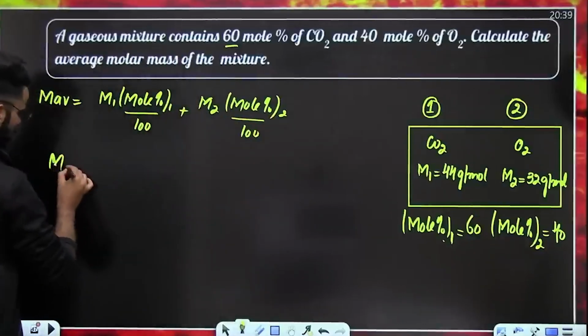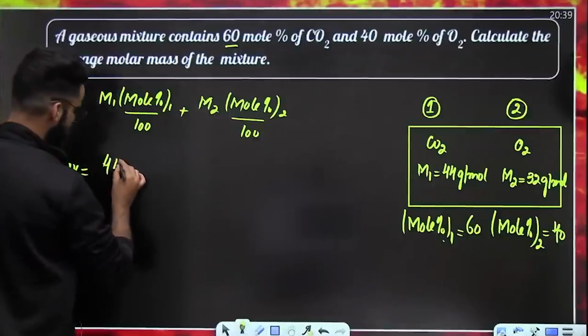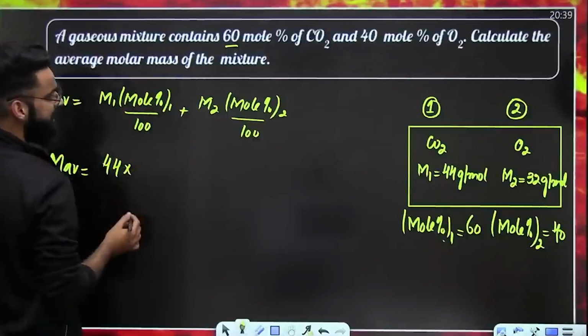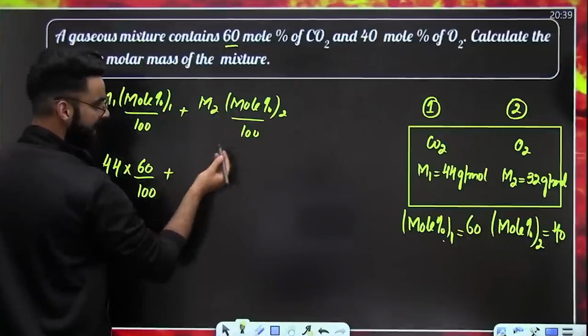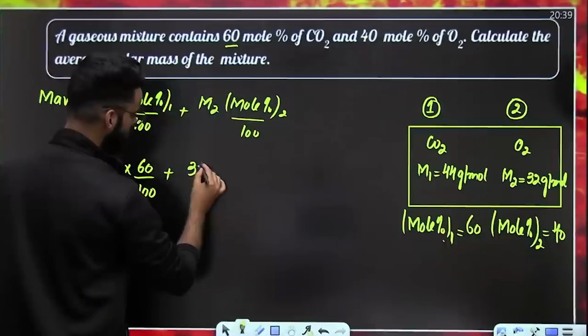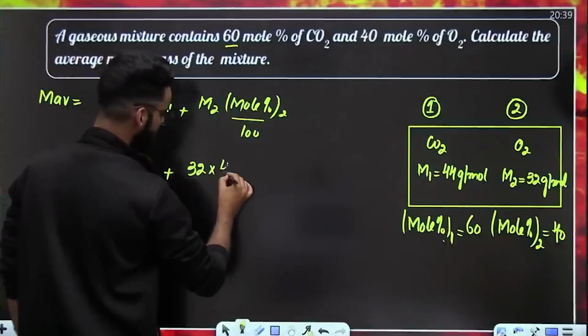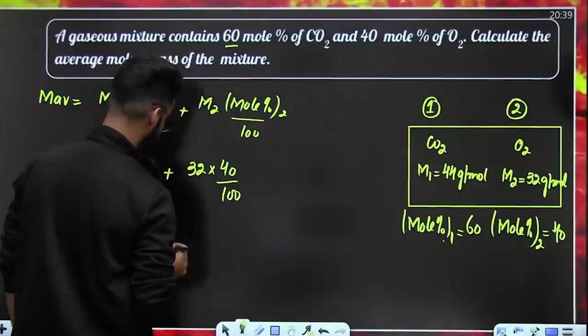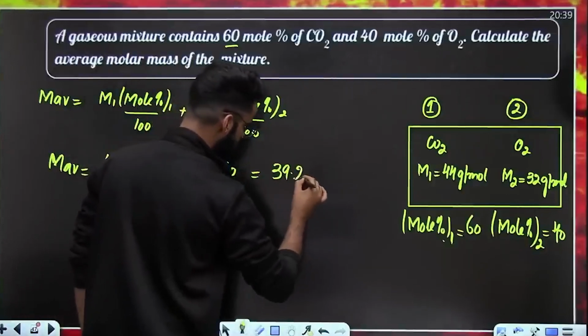Now put all the values in the result. M1 value, as per the question, is 44. Mole percentage of gas 1 is 60 divided by 100, plus M2 value, that's 32, times mole percentage of gas 2, how much is that? That's 40 divided by 100. Right? Give it a try. Final value you'll get as 39.2.